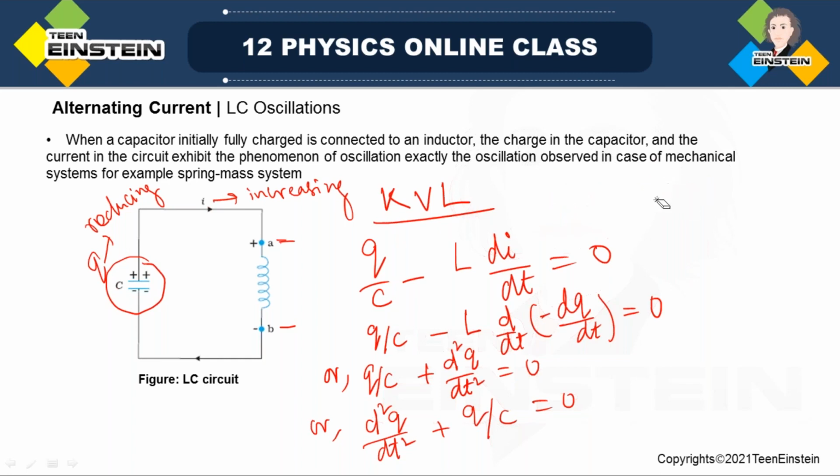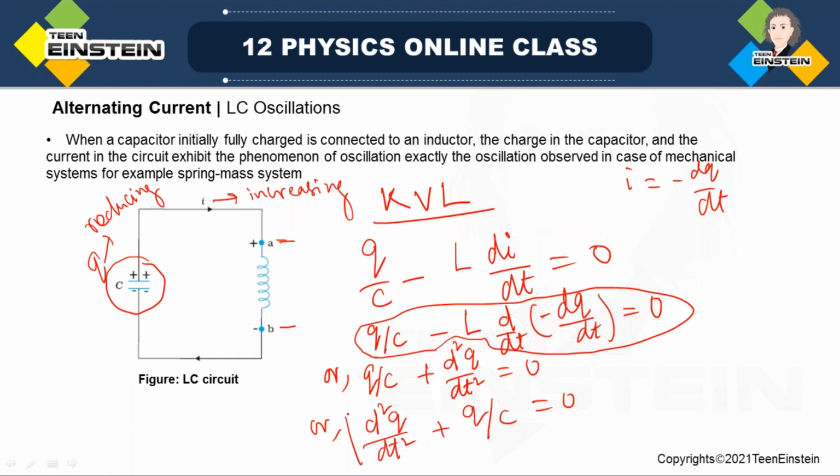So this is the equation we have written down. Now see, I know here the charge is reducing and current is increasing, so they are oppositely changing. I can write I is equal to minus dq dt, and if I want to replace this I in terms of q, see I have done it here in this line, then I have just simplified it. So what I have got is this equation. This is the final equation I have got for this circuit.